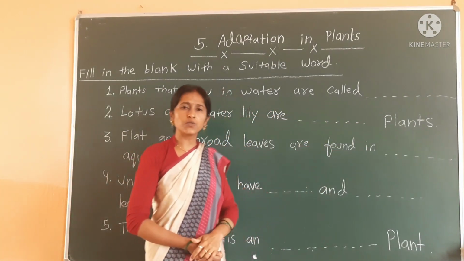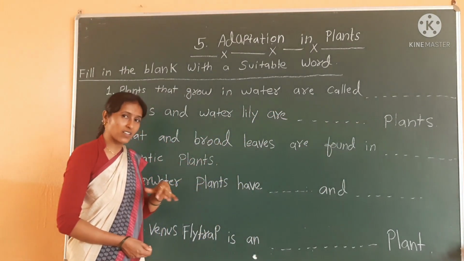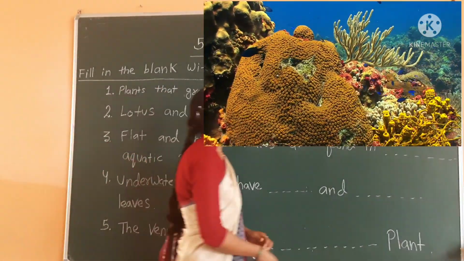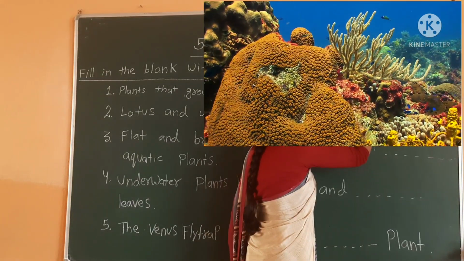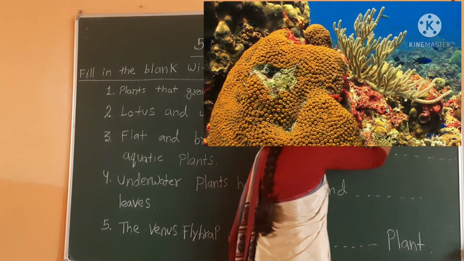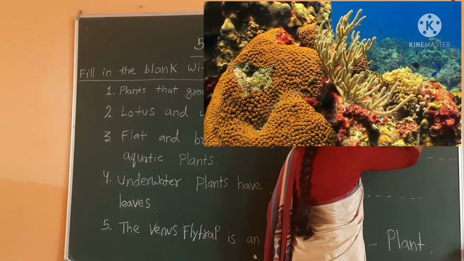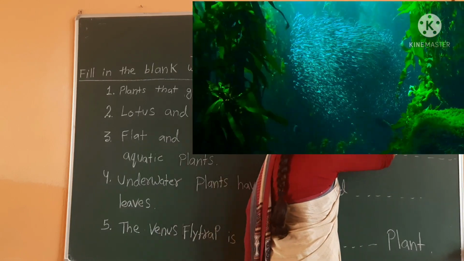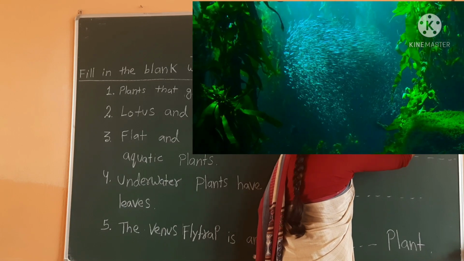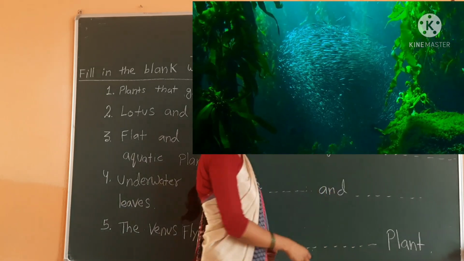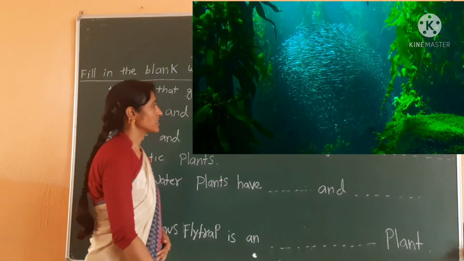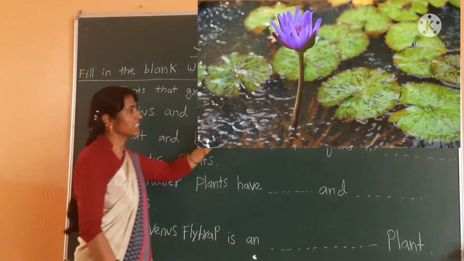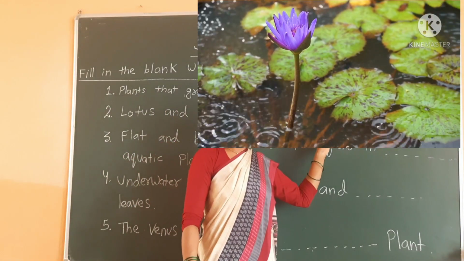The type of plants which grow under the water, the name of those plants is underwater plants. So the answer is underwater plants.